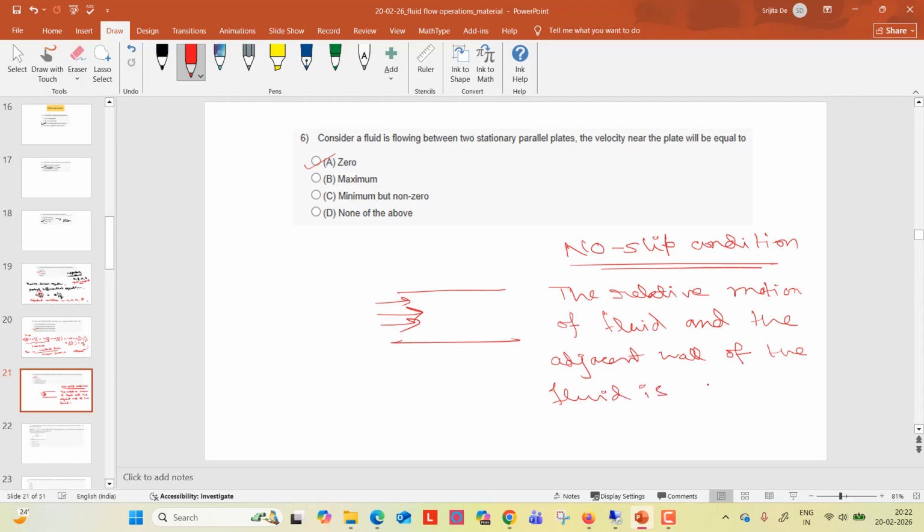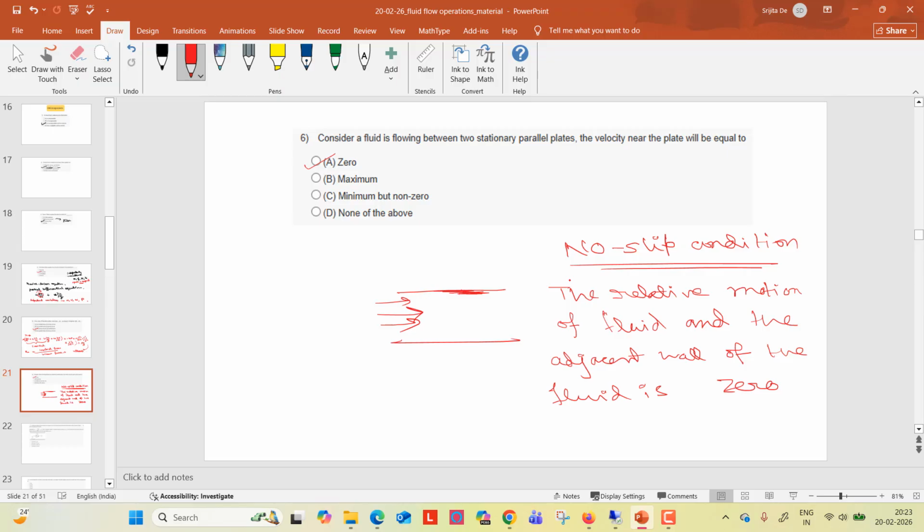That means at this portion, the relative motion between the fluid and the adjacent wall is 0. Okay, because the plates are stationary here. If the plates are moving, then this no slip condition will not be valid. Okay, so this is 0.